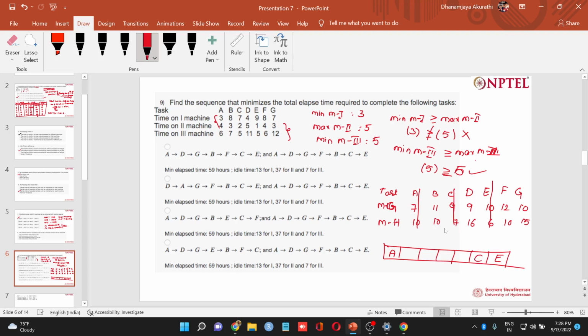And next minimum value, you can observe that 10 appeared at 3 places. Corresponding other jobs values, we have to see that first. Here, if you see the 10 values, corresponding highest value is 15.